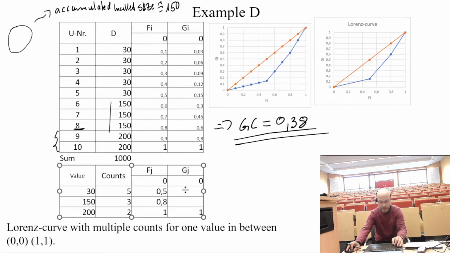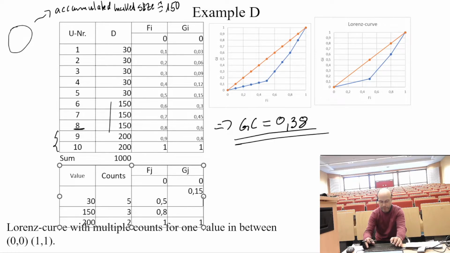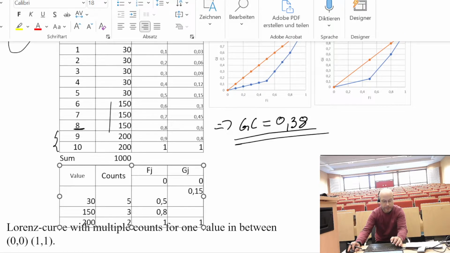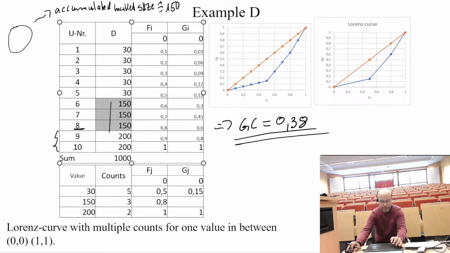And our Gi, I just have to calculate 5 times 30 relative to 1000, so I obtain here 0.15. Then I have 3 firms with market size 150.